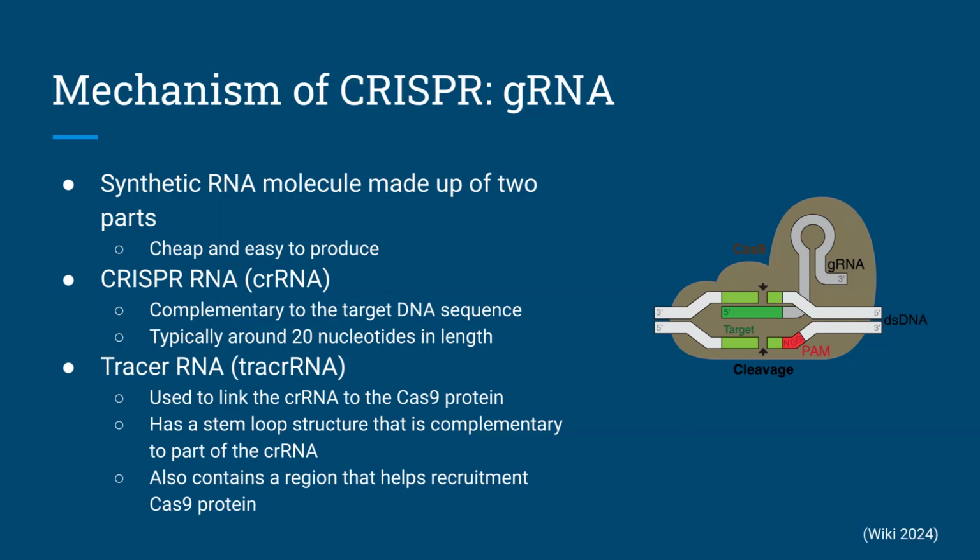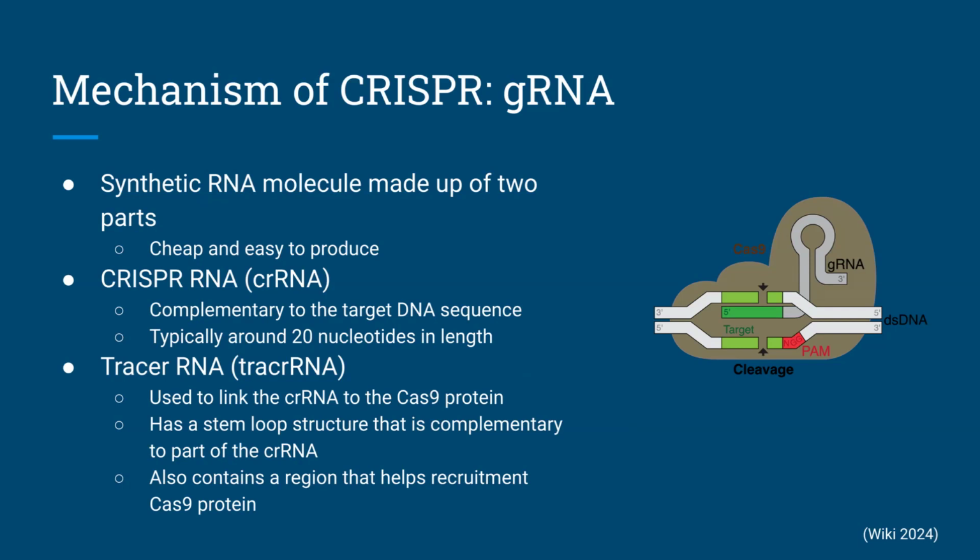And then you also have your tracer RNA, and this is used to link the crRNA to the Cas9 protein. So I like to think of this as the anchor to the protein rather than finding the target. And this has a stem loop structure that is complementary to part of the crRNA. So, I mean, it's not perfect here, but you can imagine the crRNA goes here, and then you have complementary base pairing with the tracer RNA here, and that's what cements it into the Cas9 protein.